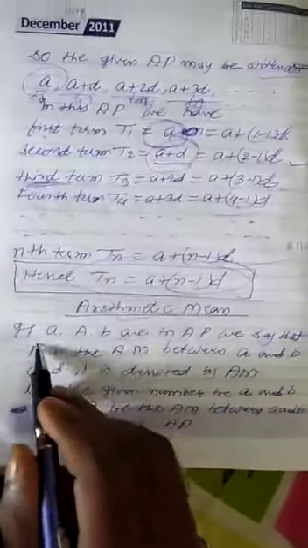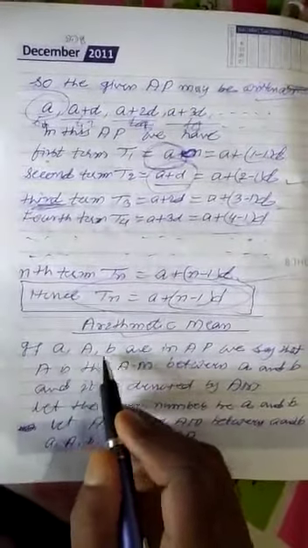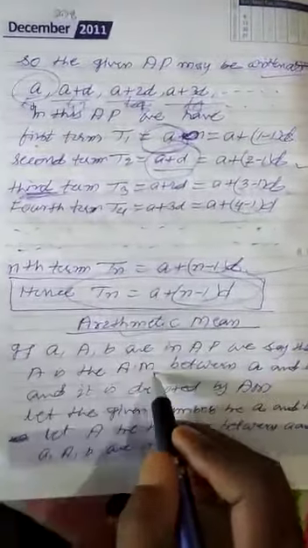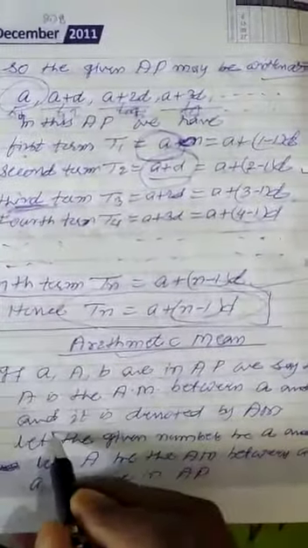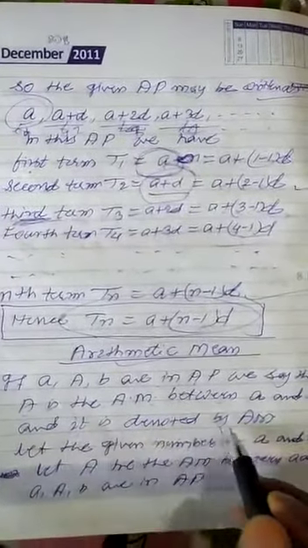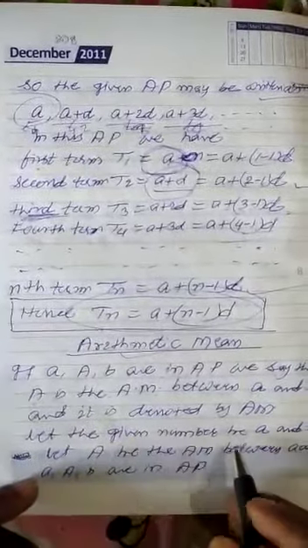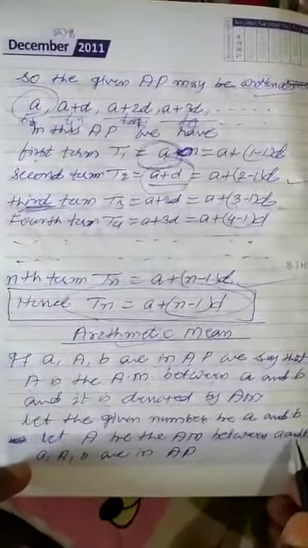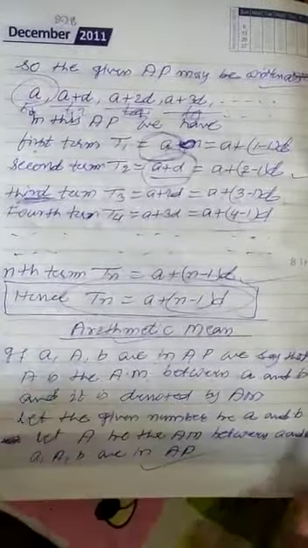Arithmetic mean: if a, A, b are in AP, we say that A is the arithmetic mean between a and b, and it is denoted by AM. Let the given numbers be a and b. A is the arithmetic mean, so a, A, b are in AP.